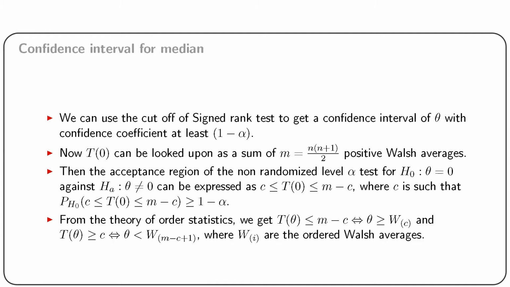Then, m minus t theta greater than equal to c is equivalent to theta greater than w ordered c, where w ordered I for I from 1 to m are the ordered Walsh averages. In a similar way, we get that t theta greater than equal to c is equivalent to theta less than w ordered m minus c plus 1.